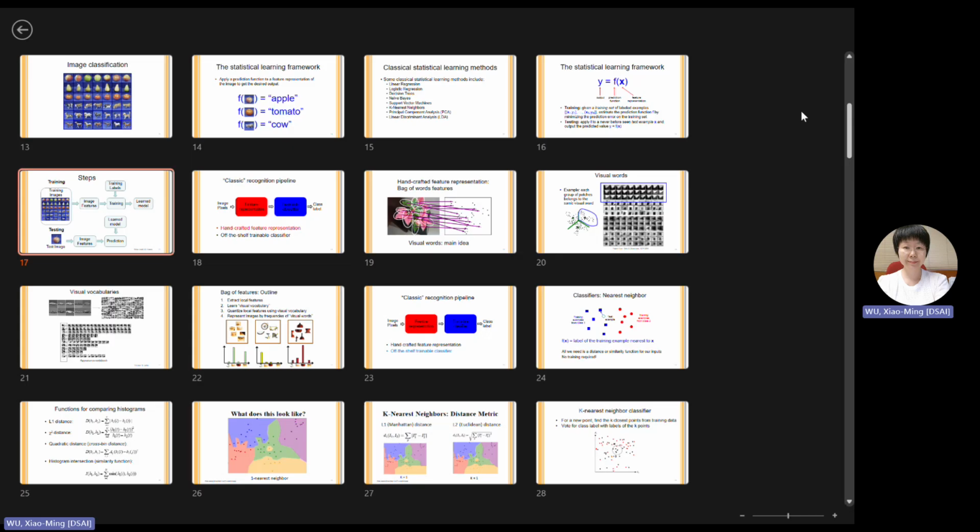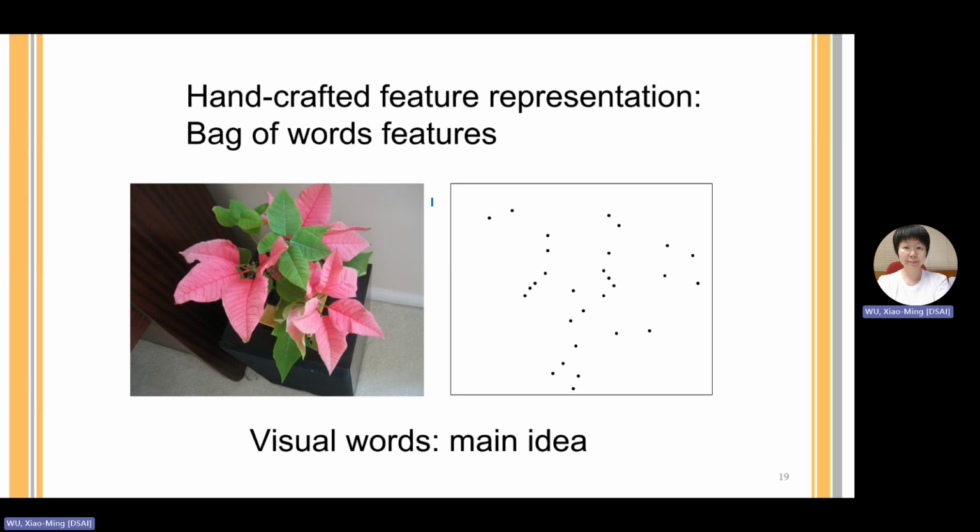We have talked about, for example, the SIFT descriptor, extracting the key points. That method can also be used for feature extraction, right? Because we extract some key points from the image, and we can use those key points to represent the image.